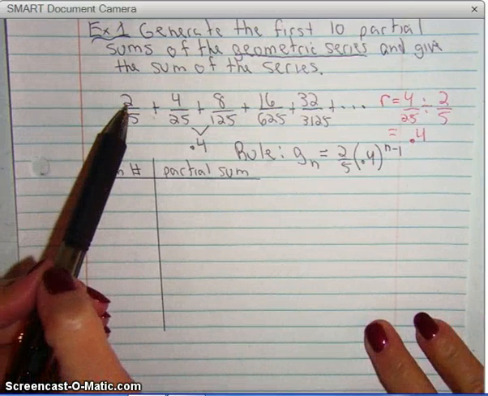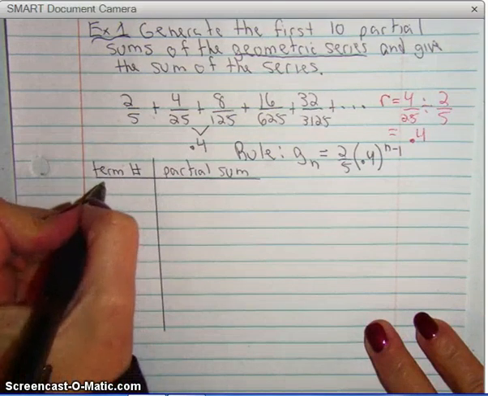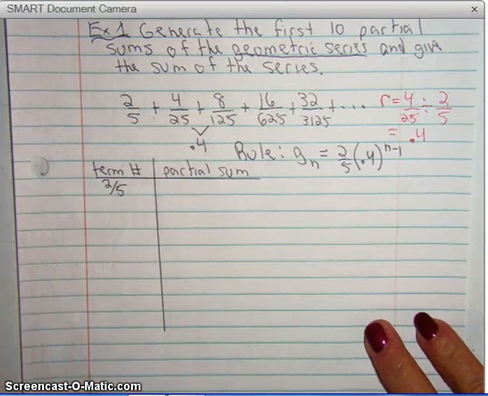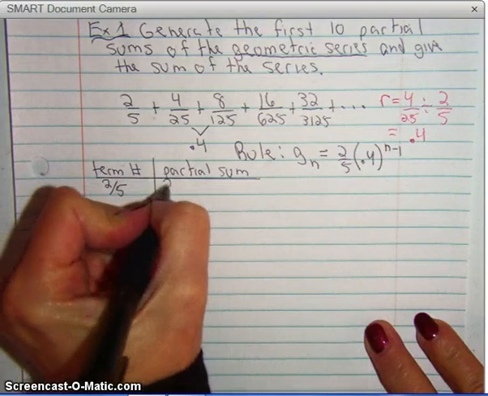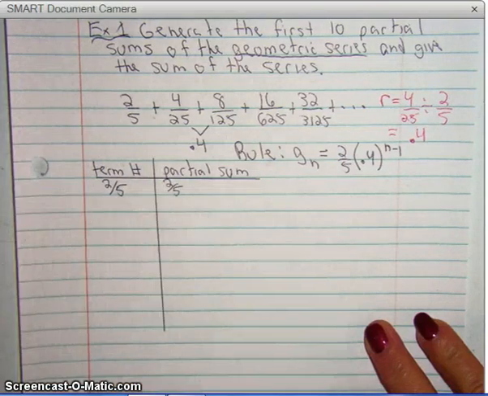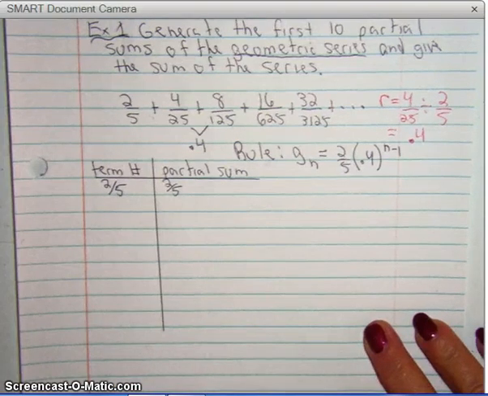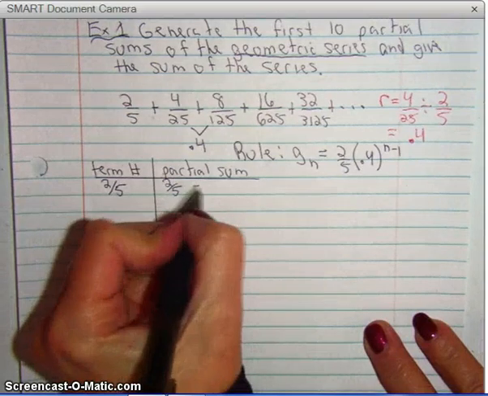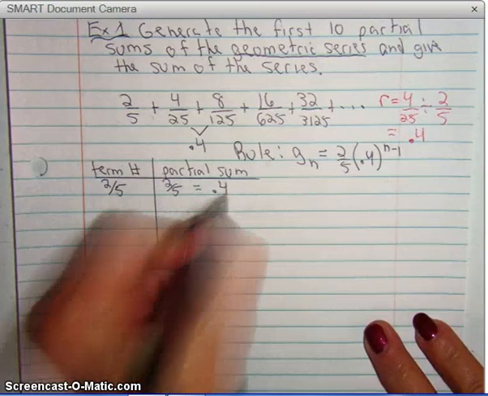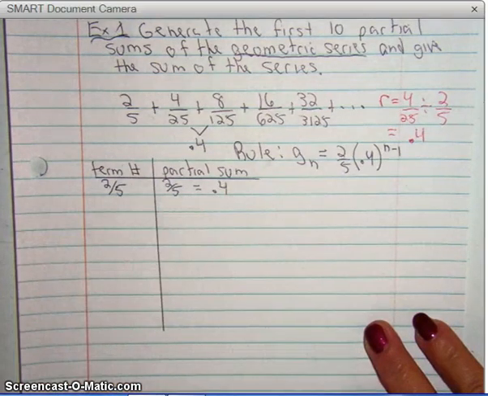The first term in the series is 2/5. The partial sum is 2/5 plus nothing, so that's just 0.4. Everybody good with that?